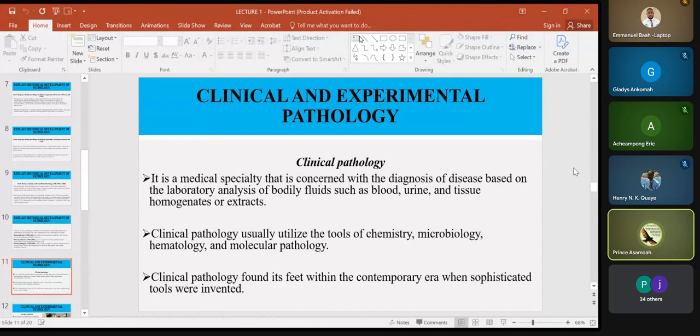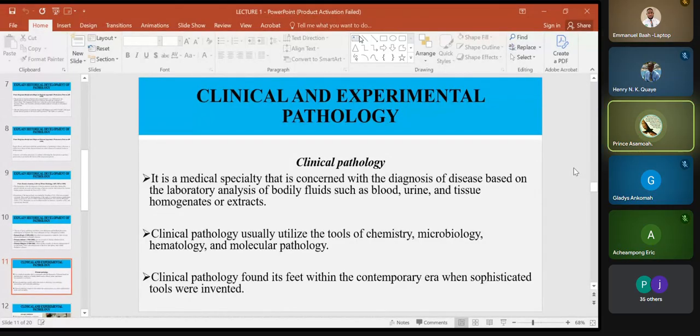We are saying that it's a medical specialty that is concerned with the diagnosis of diseases based on the laboratory analysis of bodily fluids, such as blood, urine, and tissue homogenate or extract, something they do through biopsy.